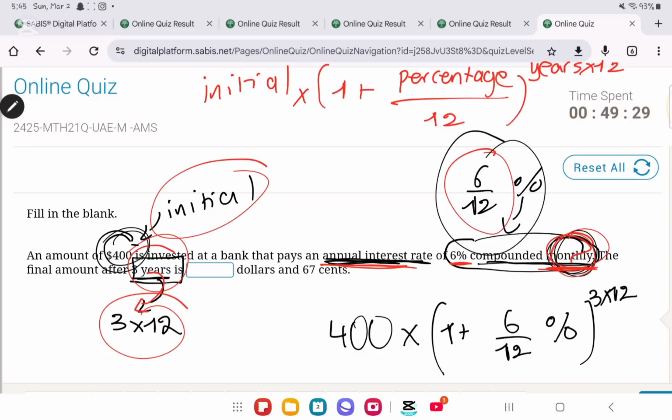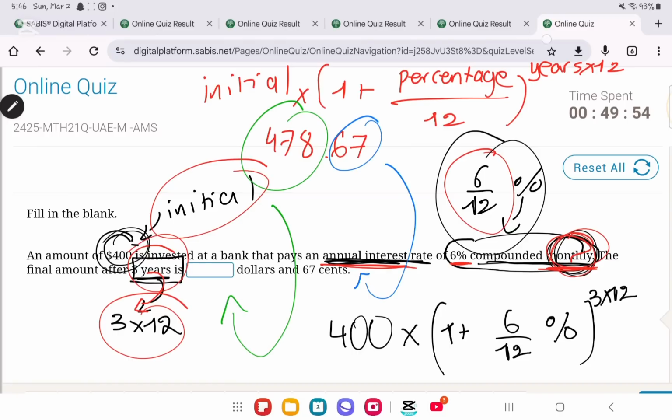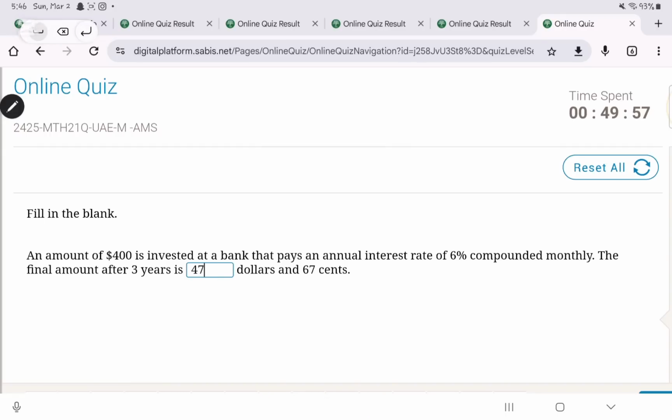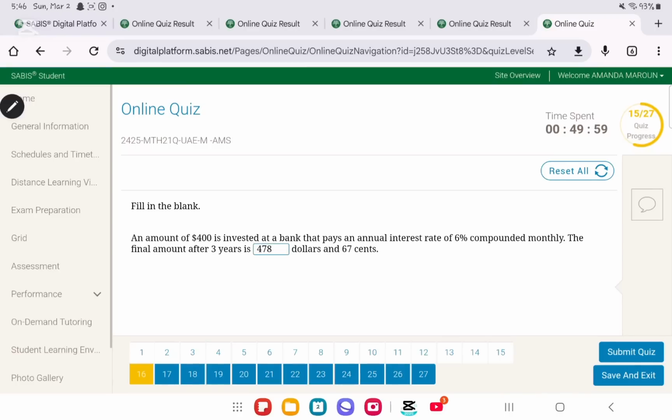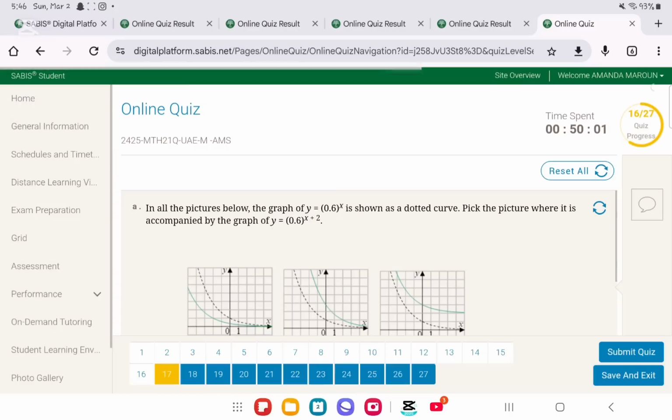So on your calculator, if you put 400 times 1 plus 6/12%, to the power of 3 times 12, then you are going to get 478.67. They already gave us that it's 67 cents, so we don't need to write the 67 cents. And we are left with the dollars being $478. We move on to question number 17.